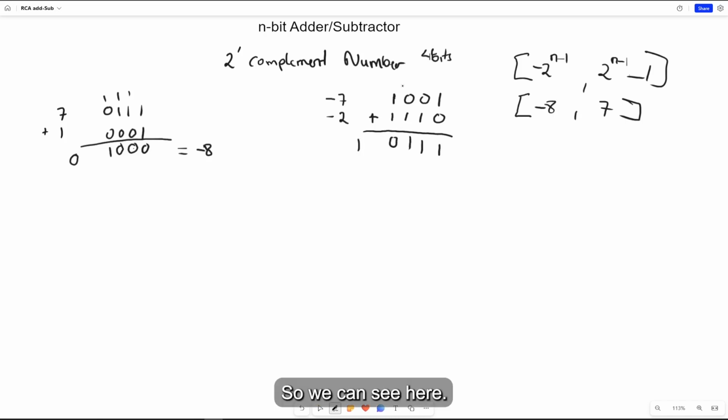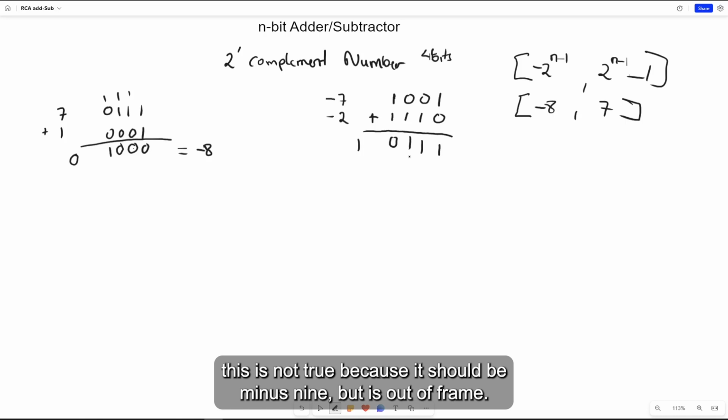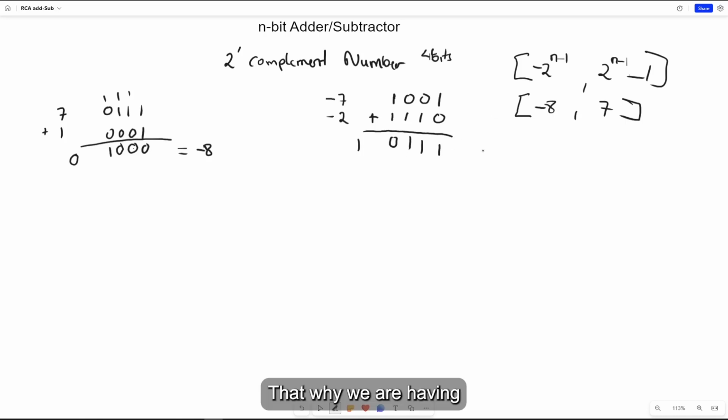So this is not true, because it says -7 plus -2 is equal to 7, and this is not true because it should be -9, but that is out of range. That's why we are having a wrong answer. So it's not equal to that. That means we have overflow. So if the number is out of this range, it means that we have overflow.